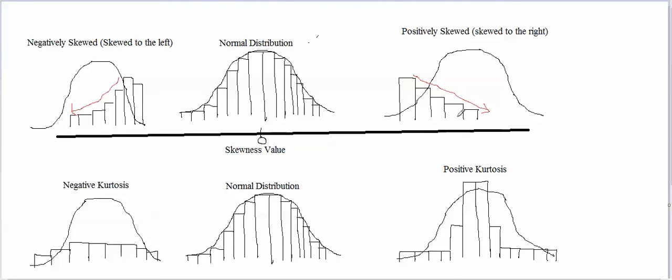So it's pretty straightforward, because if the skewness value comes out to a negative number below 0, it means that the data has a negative skewness. And if the skewness value comes out to a positive number above 0, it means that the data has a positive skewness. And the further the skewness value comes out below 0, the more extreme of a negative skewness you have, or the more dramatic of a negative skewness you have. And the further the skewness value comes out above 0, the more dramatic of a positive skewness you have.